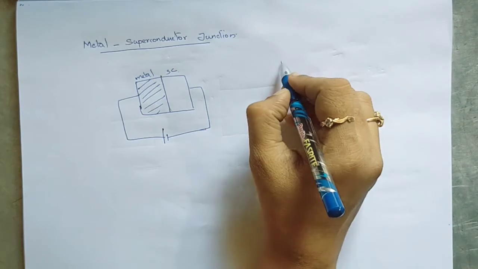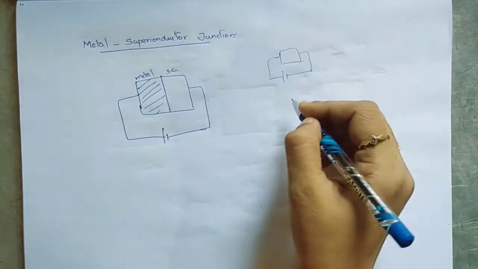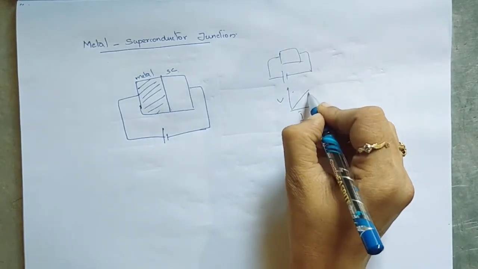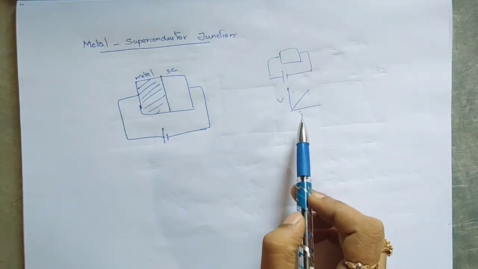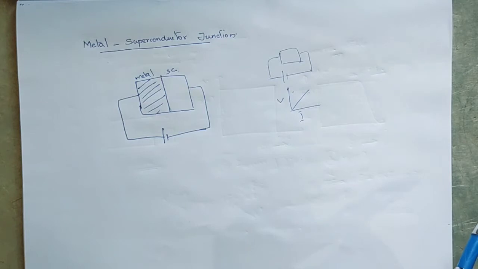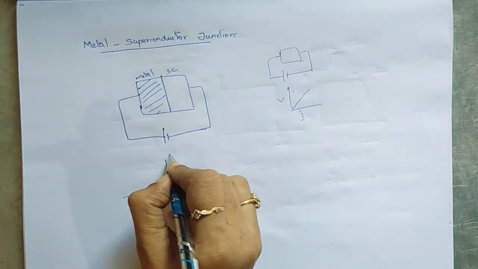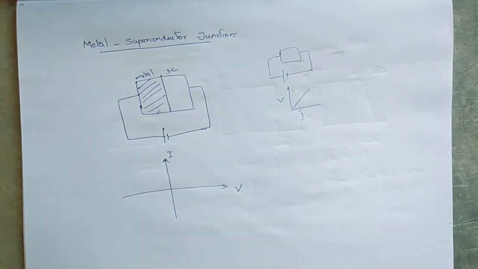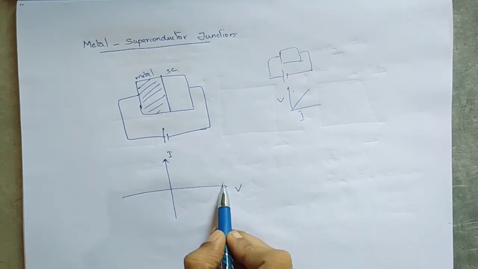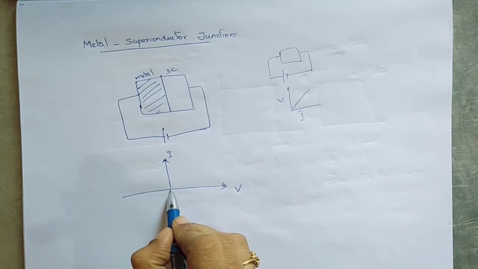We know that in a conductor, when we apply the voltage, we will get a linear graph. But here, we didn't get this type of graph. Actually, we will get this; I is plotted along this axis, and this is V. At 0 voltage, if we do not apply the voltage, there is no current.